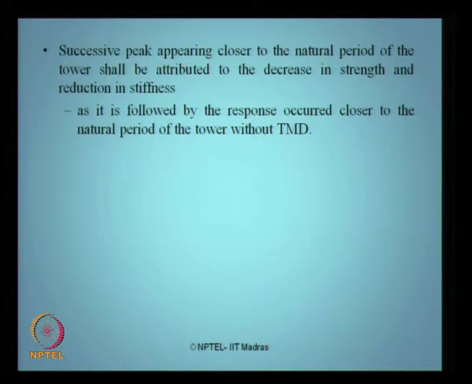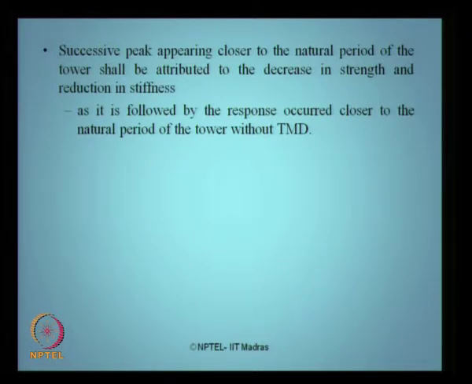So, you can see a major conclusion from this kind of works. Let us say that successive peak appearing closer to the natural period of the tower shall be attributed to the decrease in strength and stiffness, because whenever the tower reaches its resonating period at which the excitation frequency matches with the frequency of the tower, there is degradation of stiffness in the tower. Okay.